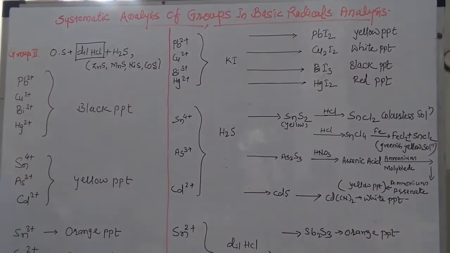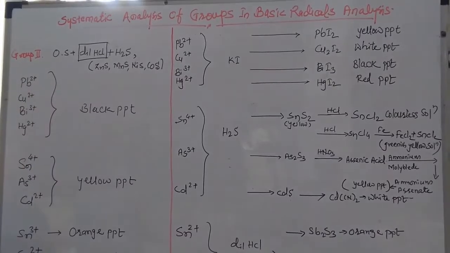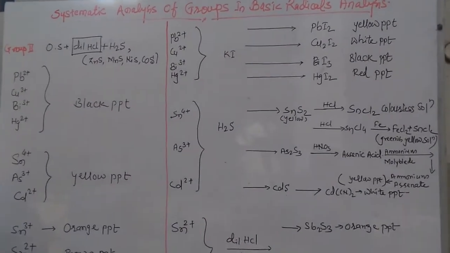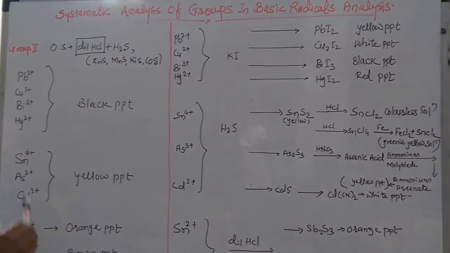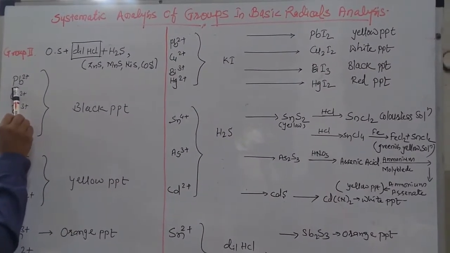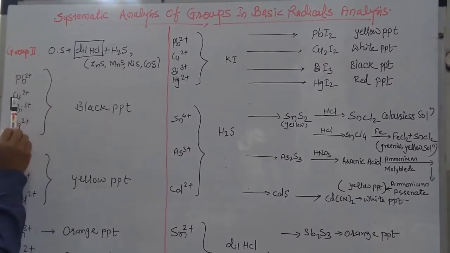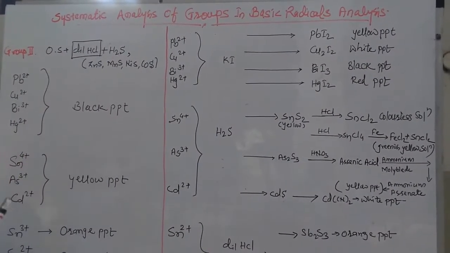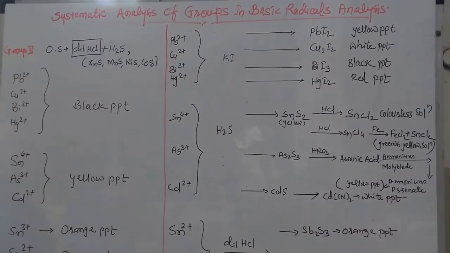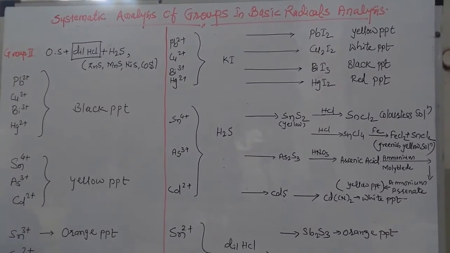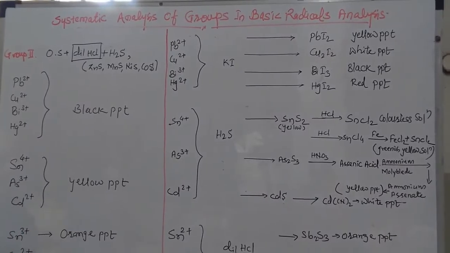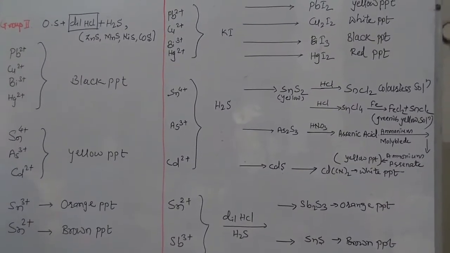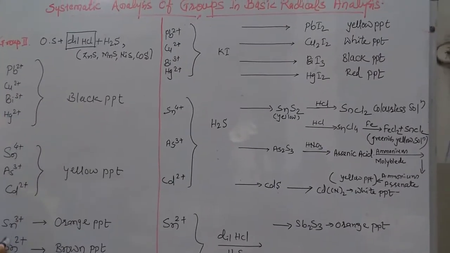Now we will study analysis of group 2. Group 2 in the basic radical analysis consists of Pb2+, Cu2+, Bi3+, Hg2+, Sn4+, As3+, Cd2+, Sb3+ and Sn2+ basic radicals.